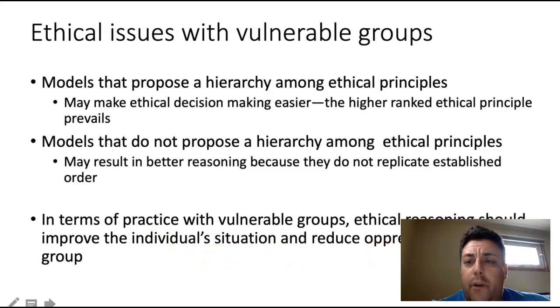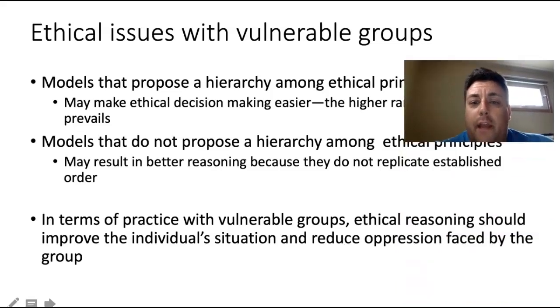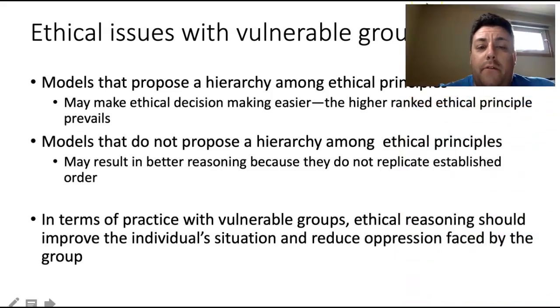So I would make the argument that ethical reasoning models that do not propose a hierarchy among ethical principles are a little bit more intellectually involved, but they ultimately result in better ethical reasoning. And my encouragement to all of you would be to pursue a model that does not propose a hierarchy among ethical principles.